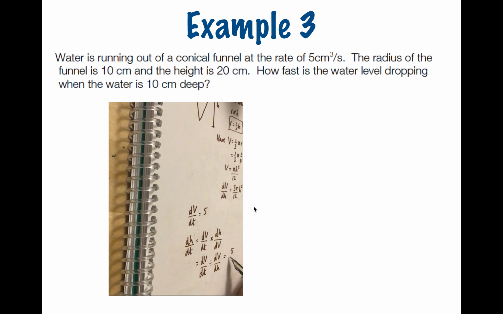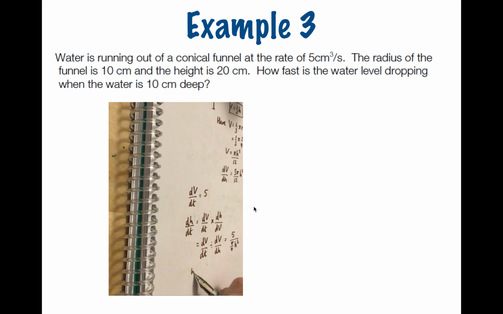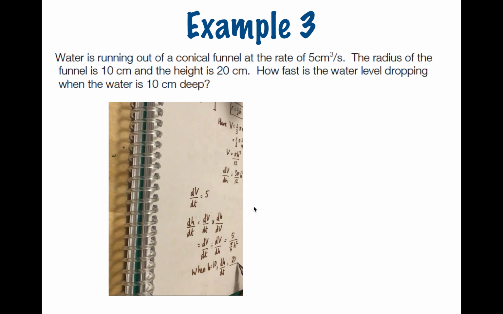So, sorry, it goes a little bit out of shot here, but we've got 5 divided by pi over 4 h squared, and then we're told that h is equal to 10. We plug that into the formula for dh by dt, and we get 20 over 100, pi on the bottom still.